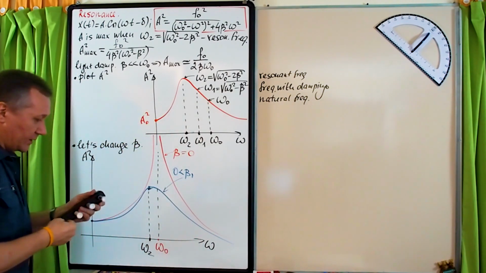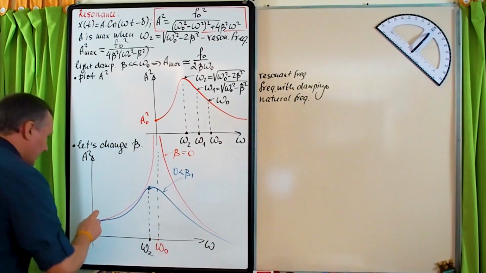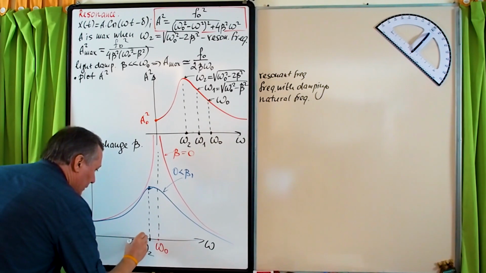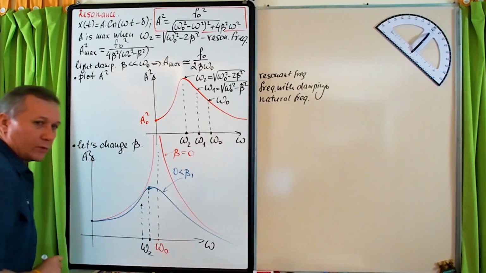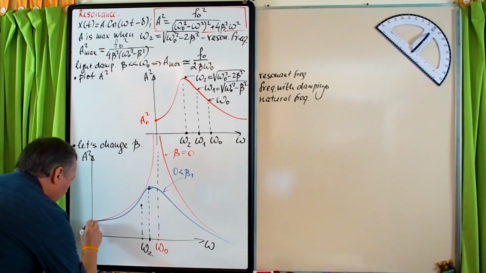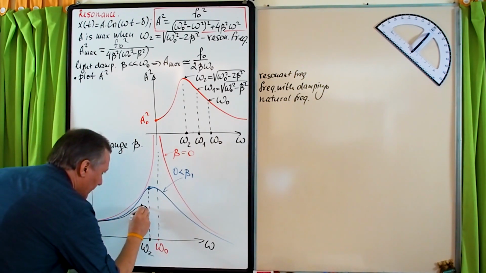Then if we increase beta even more, of course, the resonant peak will go even lower, maybe somewhere here, and the curve will look like this.